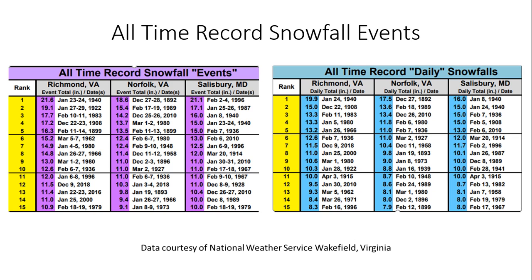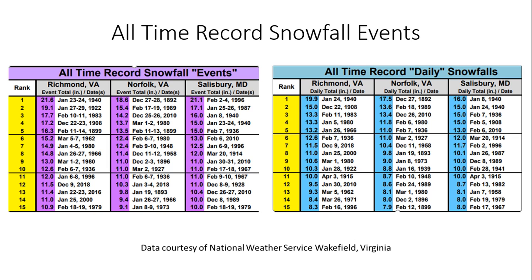That is impressive. Number 4 on the list, 13.7 inches back on March 1st and 2nd, 1980. And then if you work your way down that list, I will say 10.3 inches on January 3rd and 4th of 2018, so that wasn't too long ago.